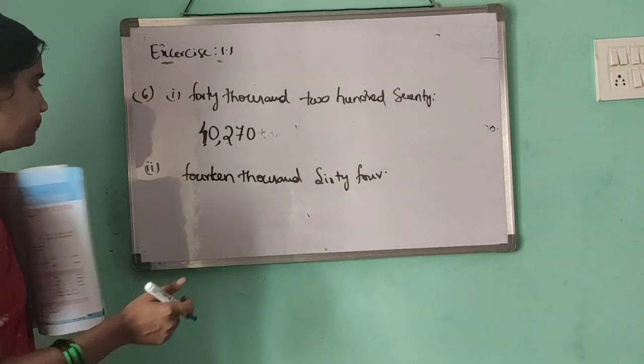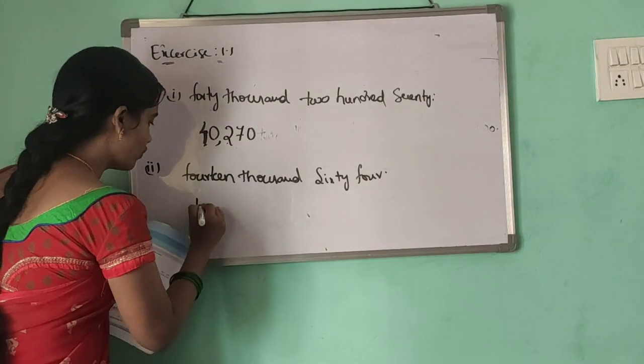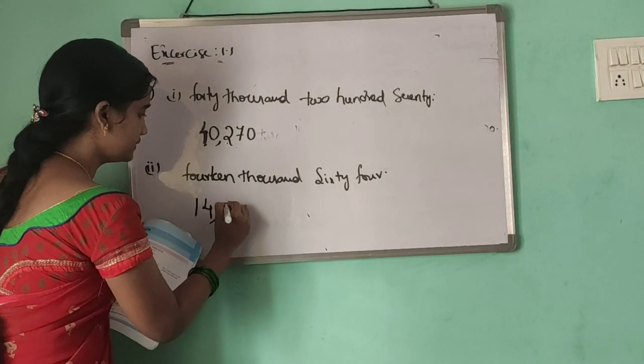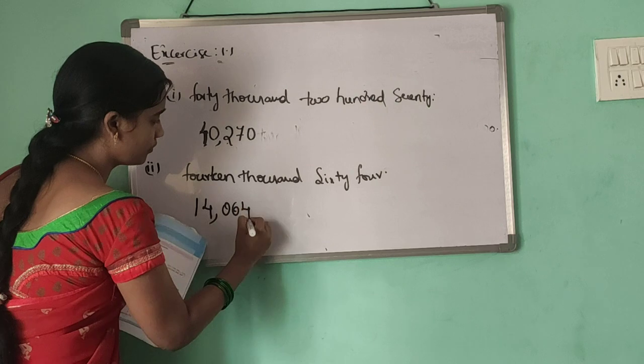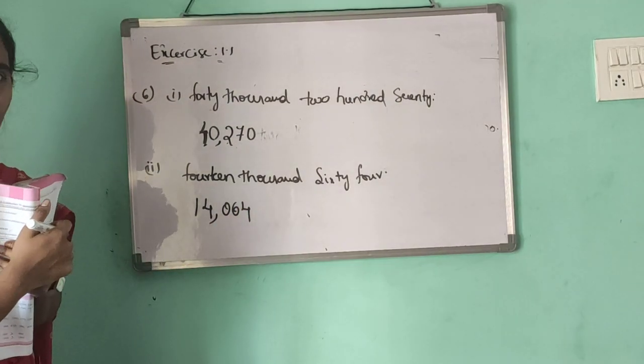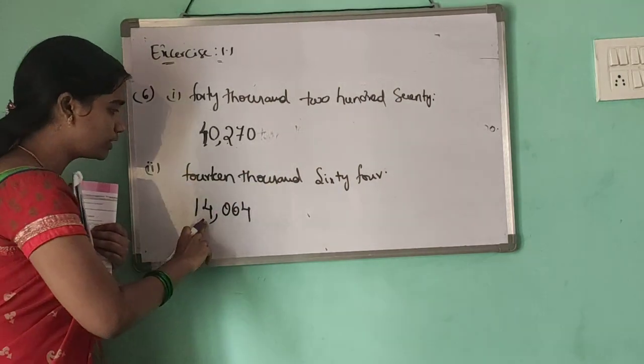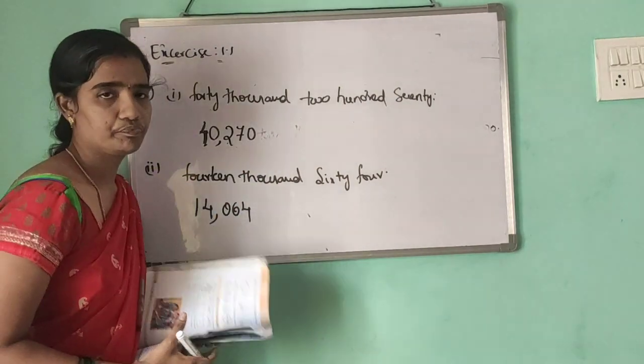Here also the same. 5 digits are given. Ones, tens, 100, 1000, 10,000. Okay, 14,000 means thousands, the 10,000 position. So 14,064.